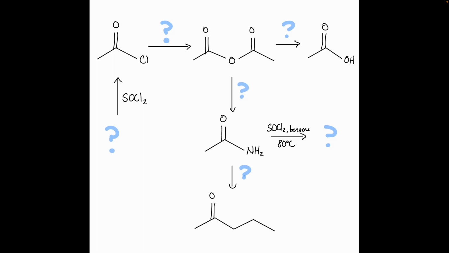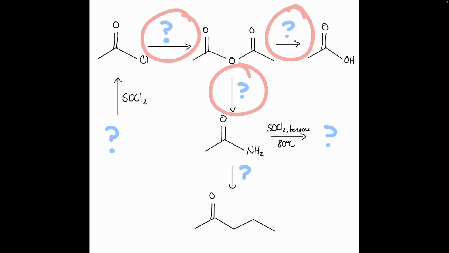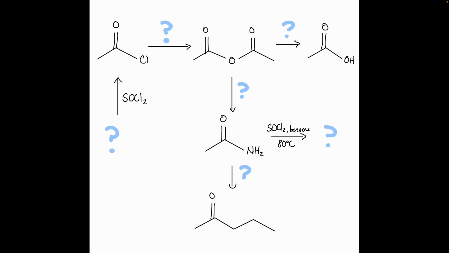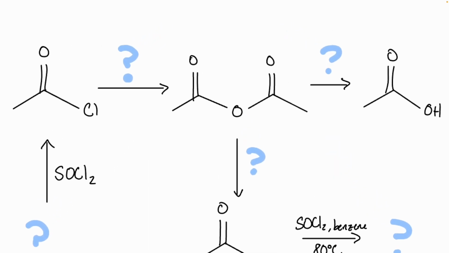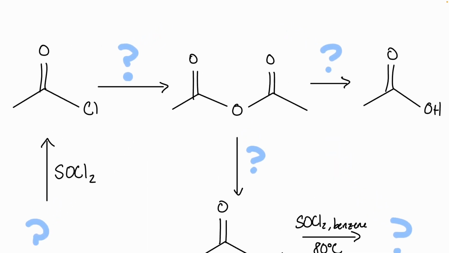So if we look here, we have three reactions that are all about converting something more reactive to something less reactive in our carboxylic acid derivative series. In order to convert an acyl chloride into an acid anhydride, I need to add this component here, my carboxylate.